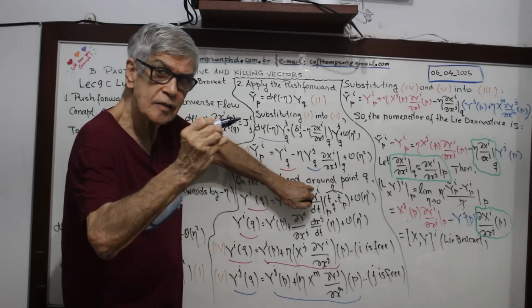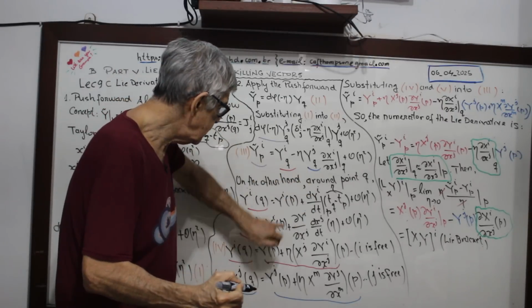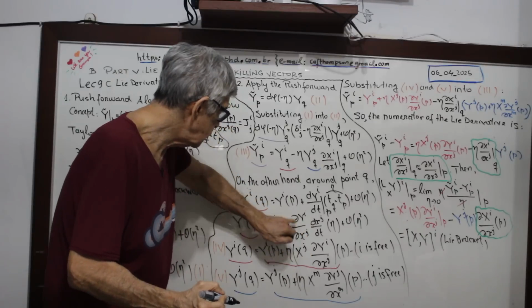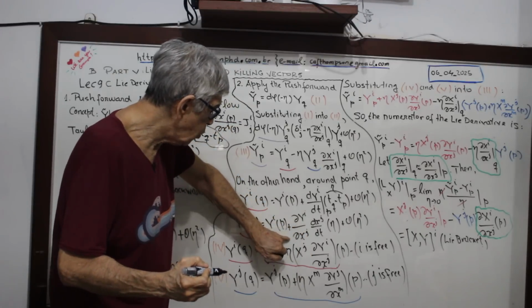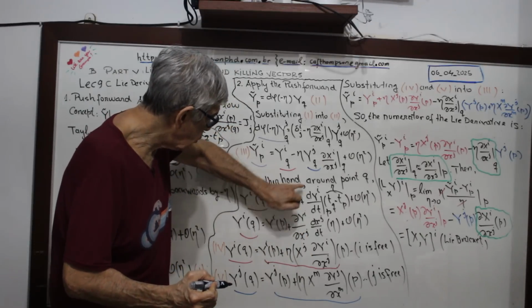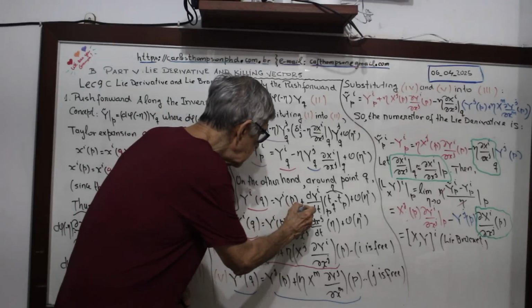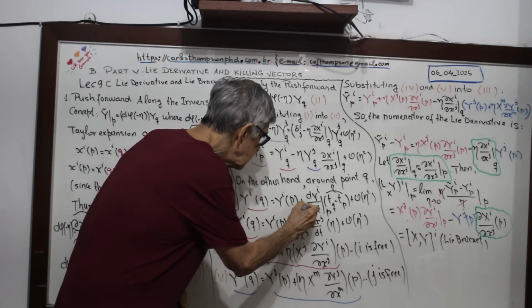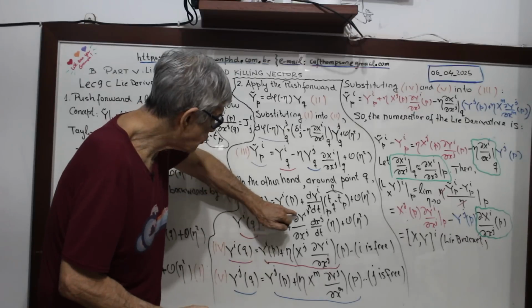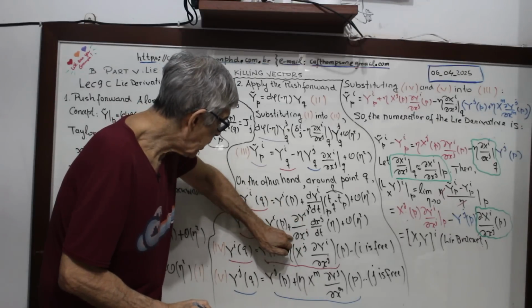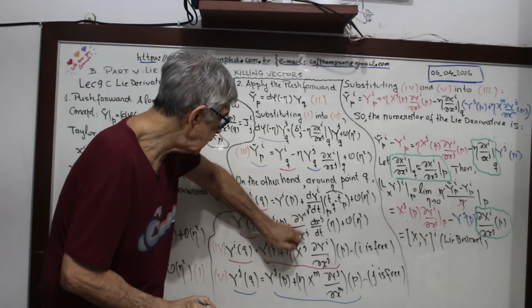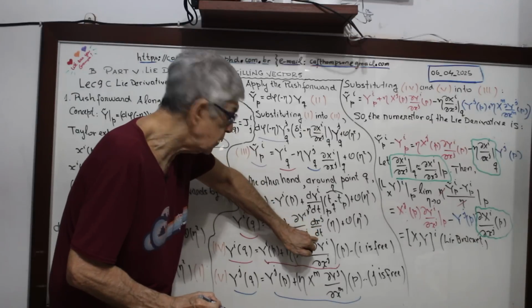And dx of dt, you see, that's the chain rule, okay? Look at here and here, this and this: that's partial of y with respect to xj, times dxj of dt.